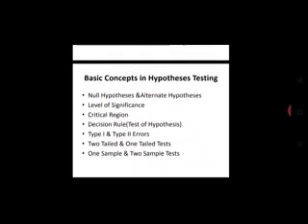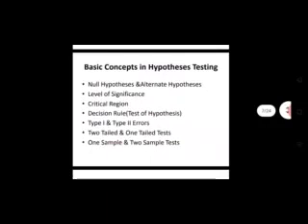Let's have a look on basic concepts in hypothesis testing. Null hypothesis and alternate hypothesis. I have already explained null hypothesis is the hypothesis which shows no effect of one strategy used for improving some skill. And alternate hypothesis is the hypothesis of positive effect.